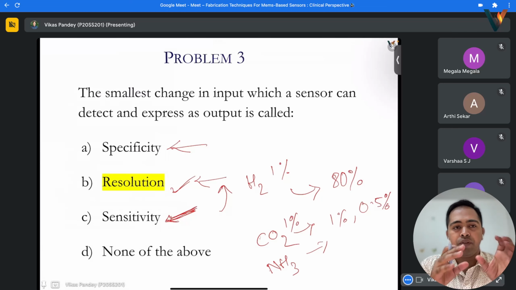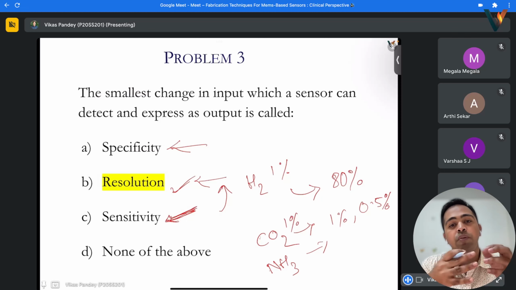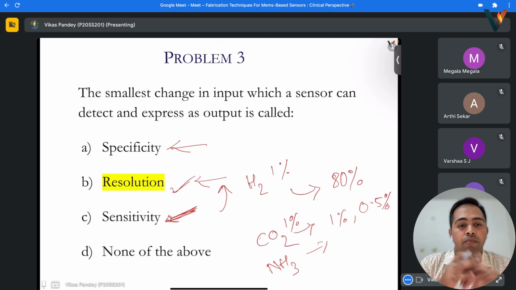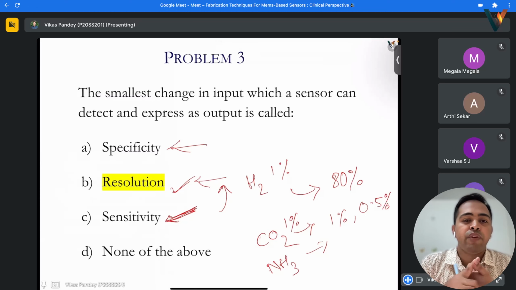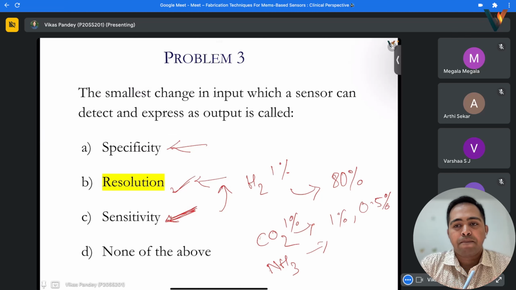There are some proper terms for this, to compare how specific it is, but for now we just need to know the definition. So, what will we need, a more specific sensor or less specific sensor? More specific sensor. And should resolution be high or low?